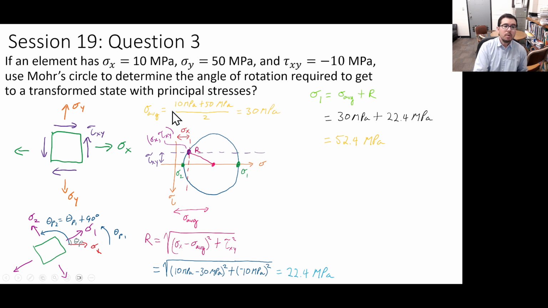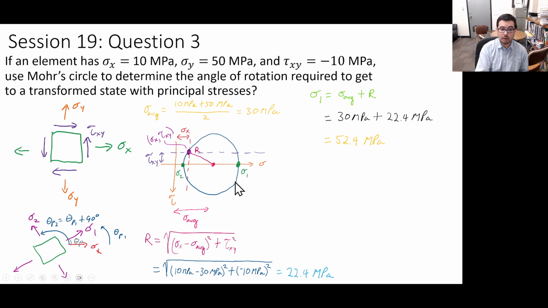Now, we want to find the angle of rotation, and we haven't described the angle of rotation yet for getting to sigma x becoming sigma x prime equaling sigma 1, or sigma x becoming sigma x prime and equaling sigma 2. You can also think about if we had drawn the sigma y out on this side, that's 180 degrees.